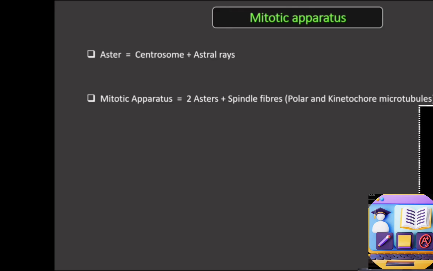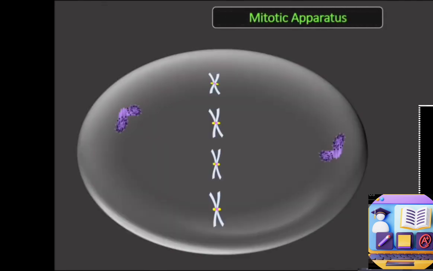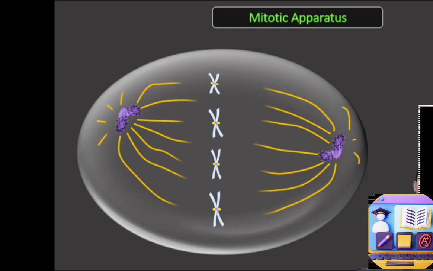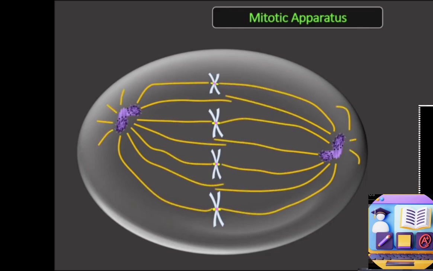Now let's see the structure of the mitotic apparatus. When we talk about the mitotic apparatus, the centrosomes start radiating out microtubules to align the chromosomes at the metaphase plate.